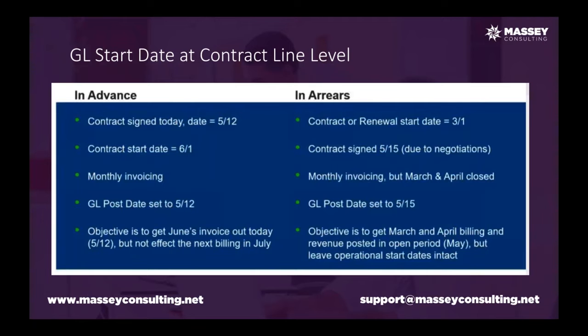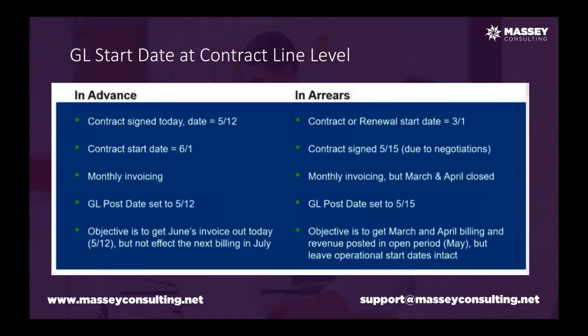You've got monthly invoicing on this, but March and April are already closed because we're in May. So you can set the GL posting date to May 15th. Now, this will give you March and April billing, but revenue then is posted in May, but that leaves those operational dates intact.